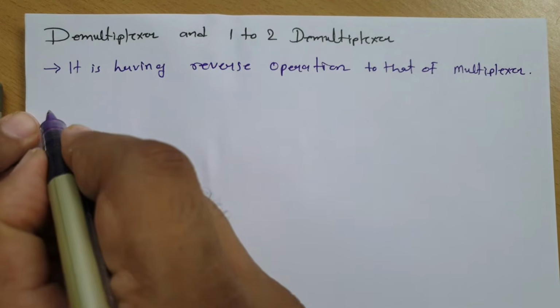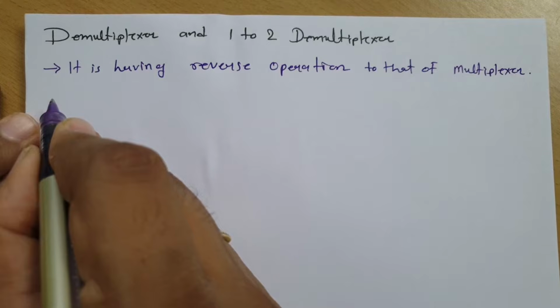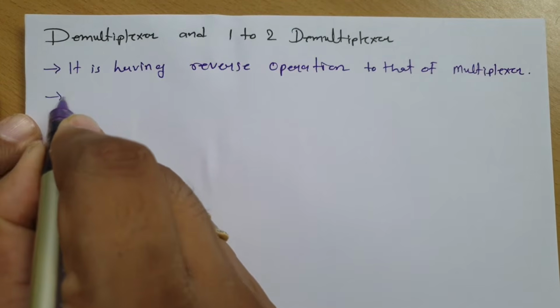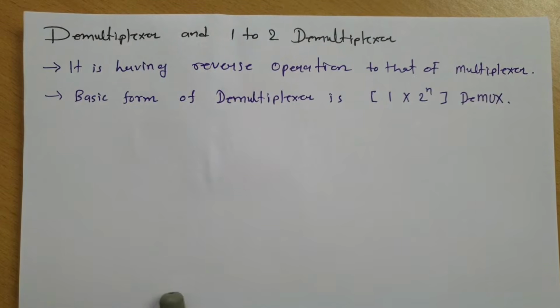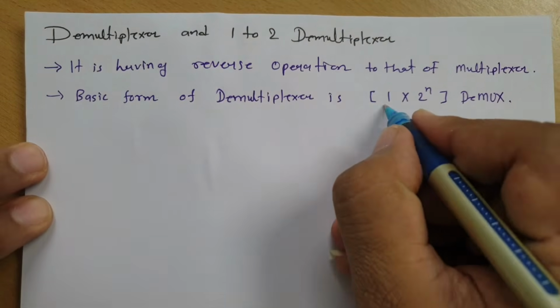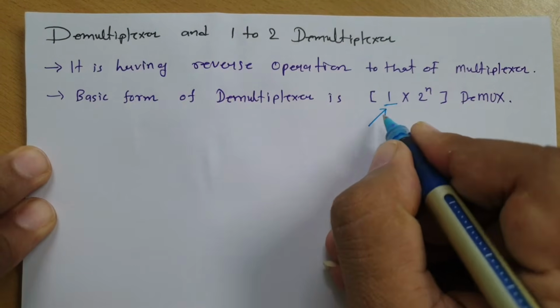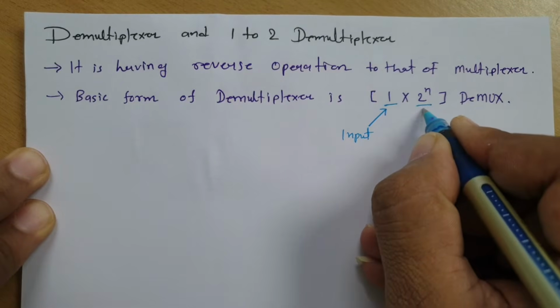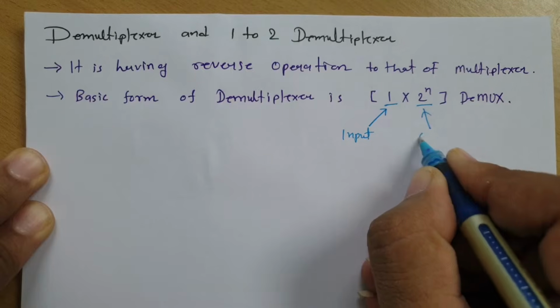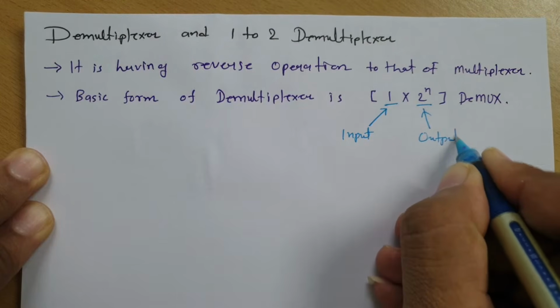Its basic form is 1 cross 2 to the power n, where it has one input, right? This 1 indicates the input, and this 2 to the power n indicates the outputs.